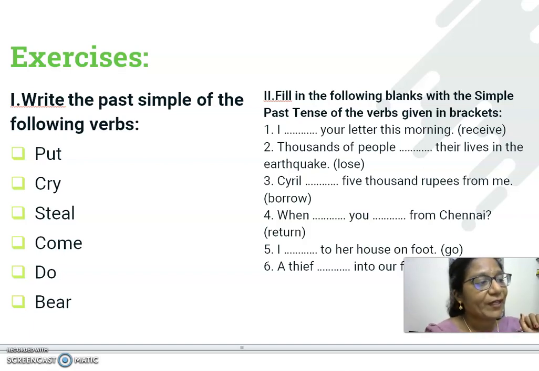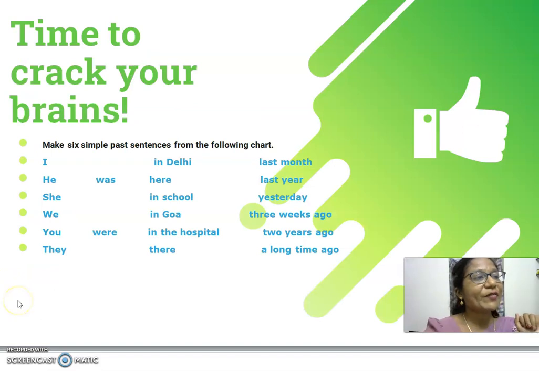Yes, good. Now, it's time for you, happy learners, to crack your brains. Shall we? Yes. The one we need to do now is make 6 simple past sentences from the following chart. Okay, the first column you have got pronouns, and the second one you have got 2 past tense verbs, and the third one you have got places.